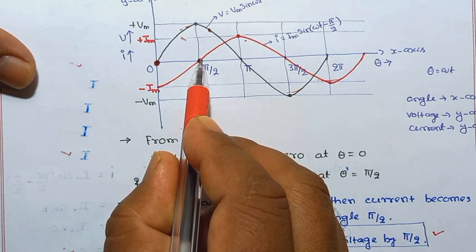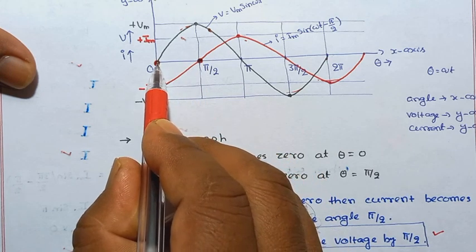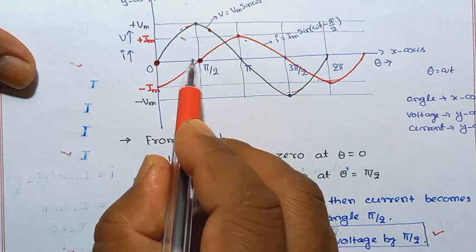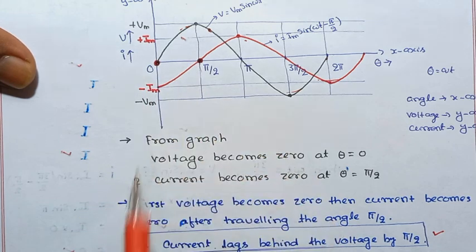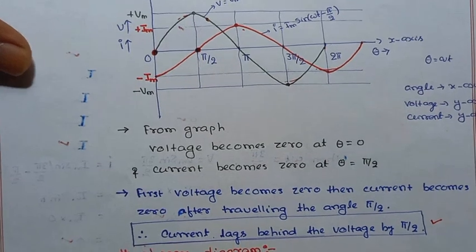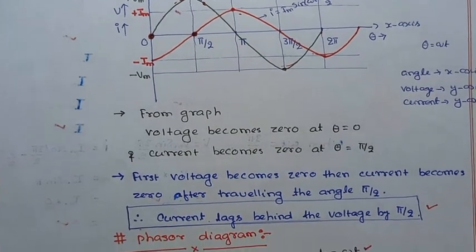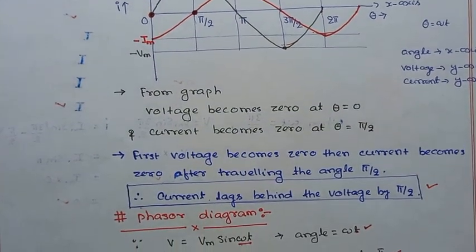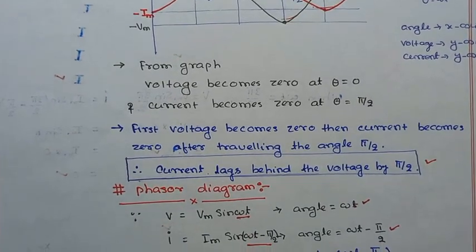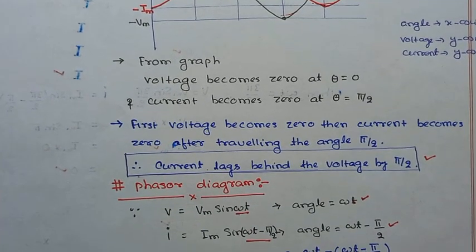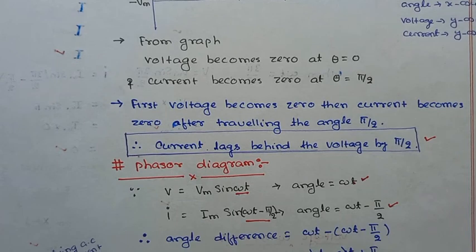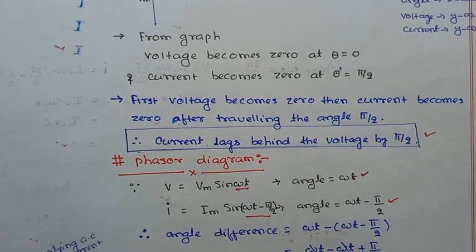Voltage becomes 0 when omega t is 0 and current becomes 0 when omega t is pi by 2. That means first voltage becomes 0, then current becomes 0 after traveling the angle pi by 2. That means current lags behind the voltage by pi by 2. Okay.